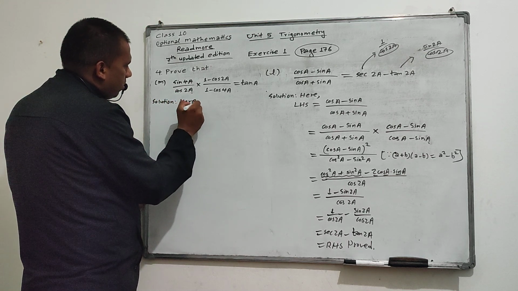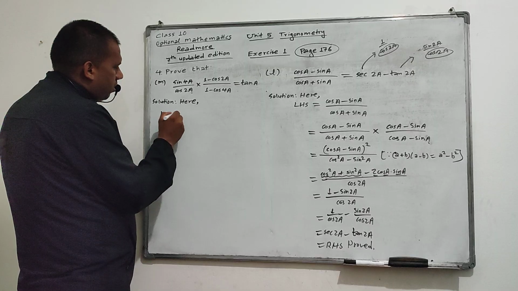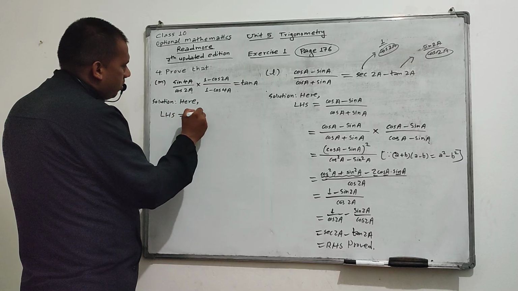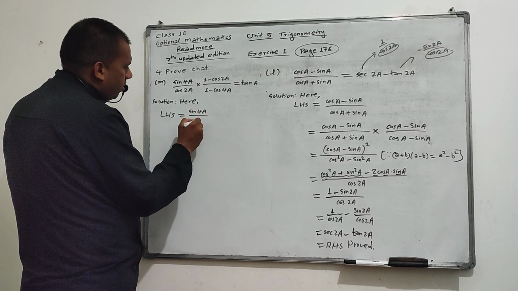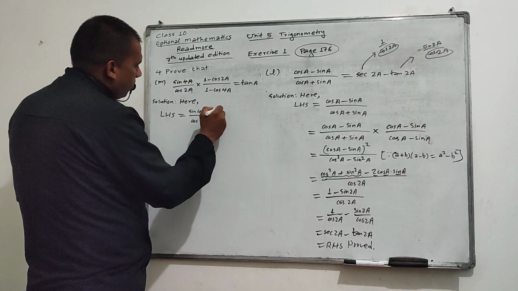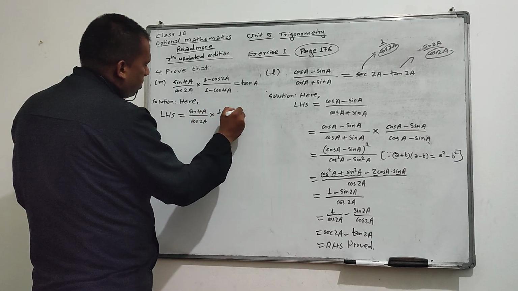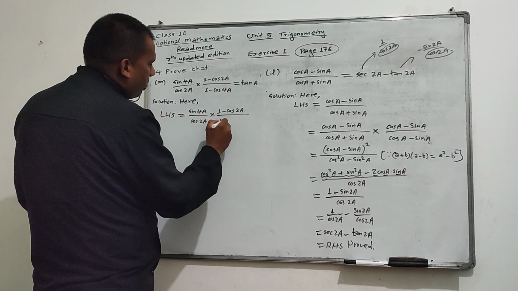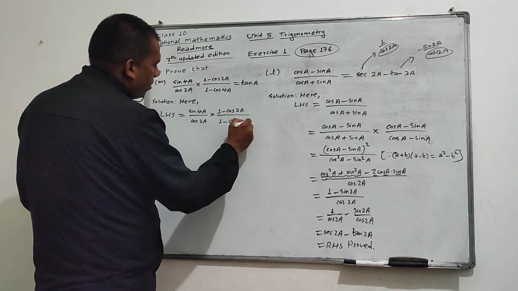Here LHS equal to sin 4A upon cos 2A into 1 minus cos 2A into 1 upon 1 minus cos 4A.